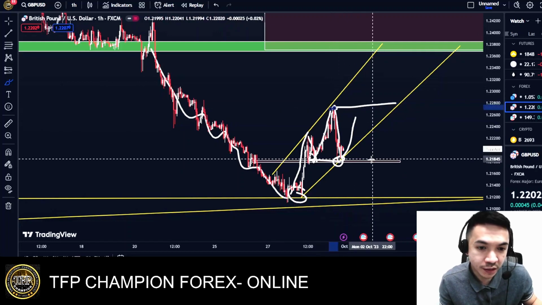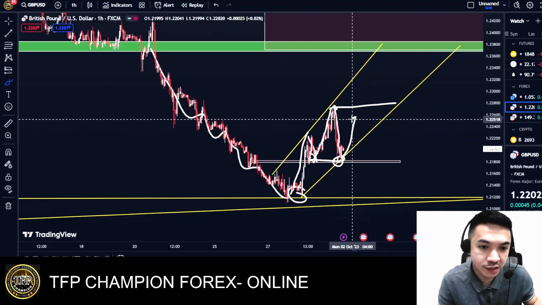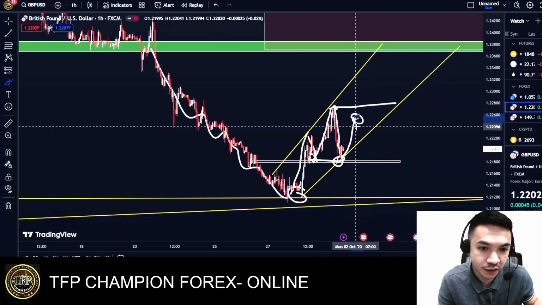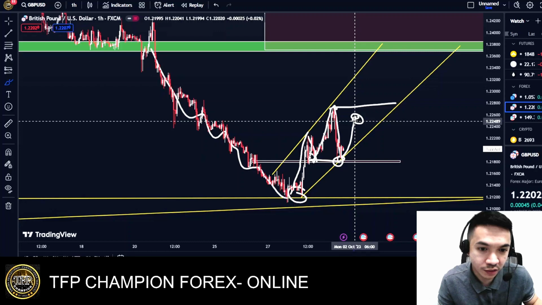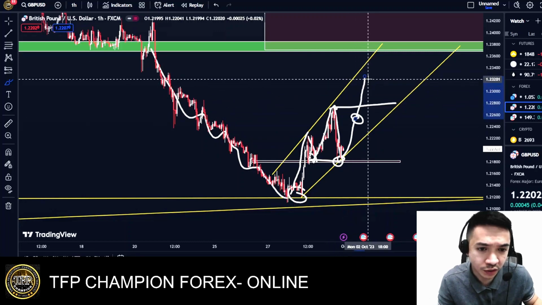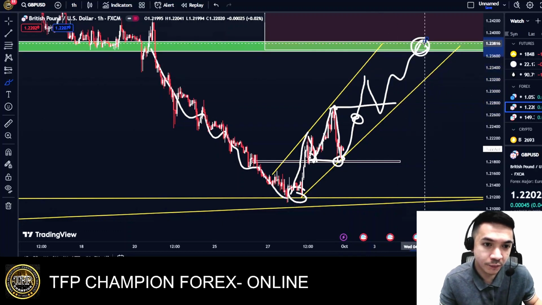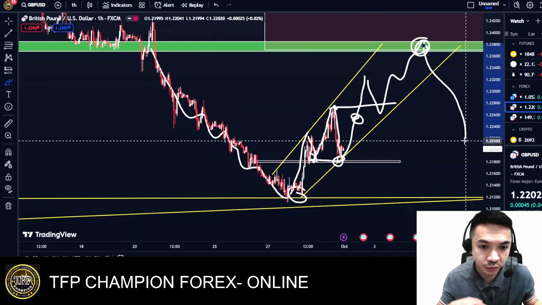Ibig sabihin yan, if you're going to buy at this level, it is not wise to buy. Why? We must make sure na meron tayong formation ng higher high for this trend to continue and then going to this number 1 level for us to have a short opportunity.